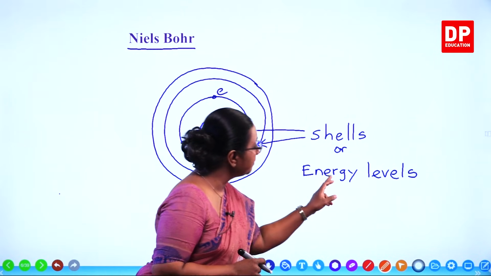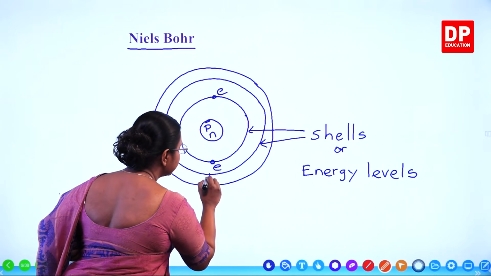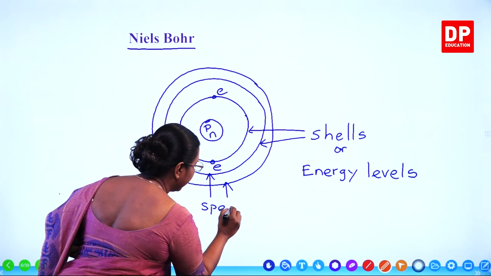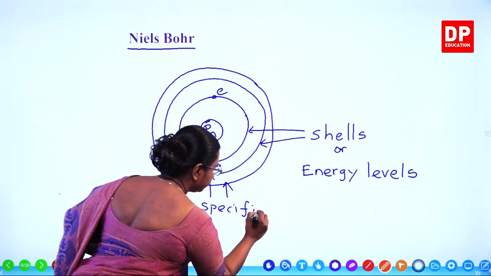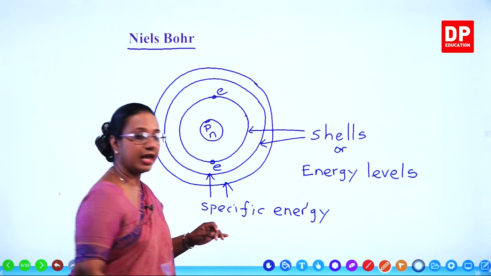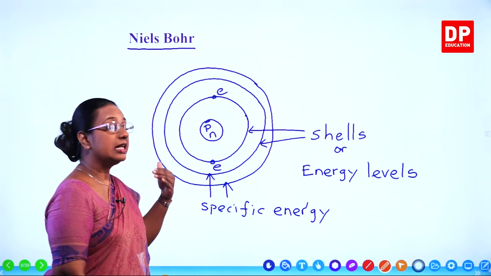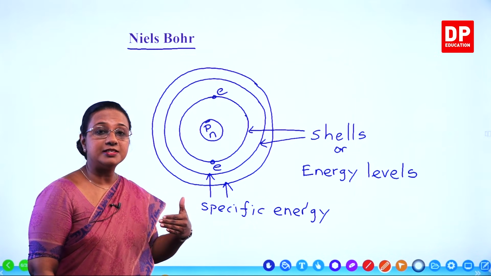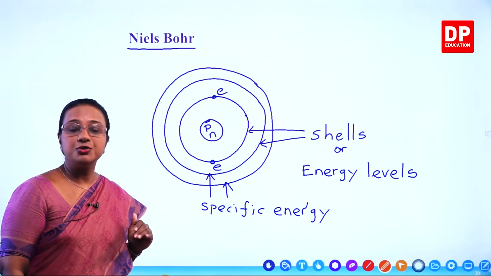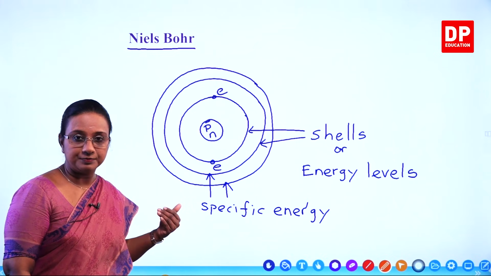And we call them energy levels because each of these shells has specific energy. Usually the energy increases as you go from the nucleus towards the outside of the atom, towards the periphery of the atom.